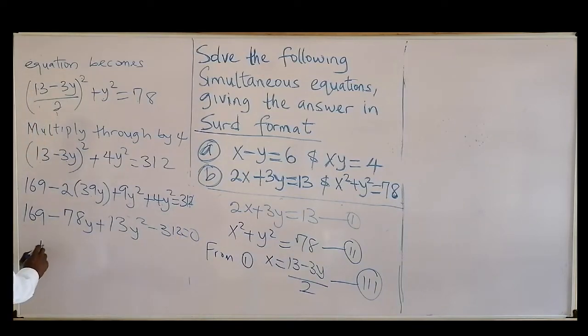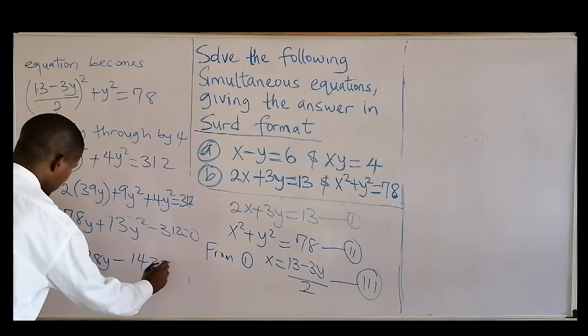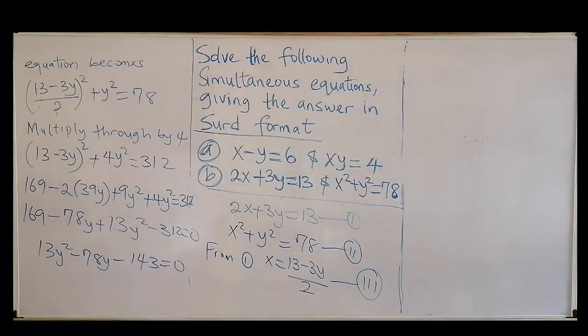So that will be 13y squared minus 78y, 169 minus 312, minus 143 equal to 0. So you can divide this equation by 13.